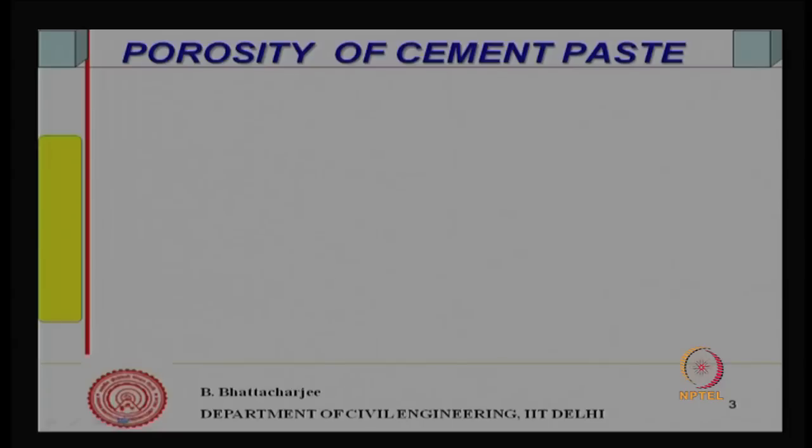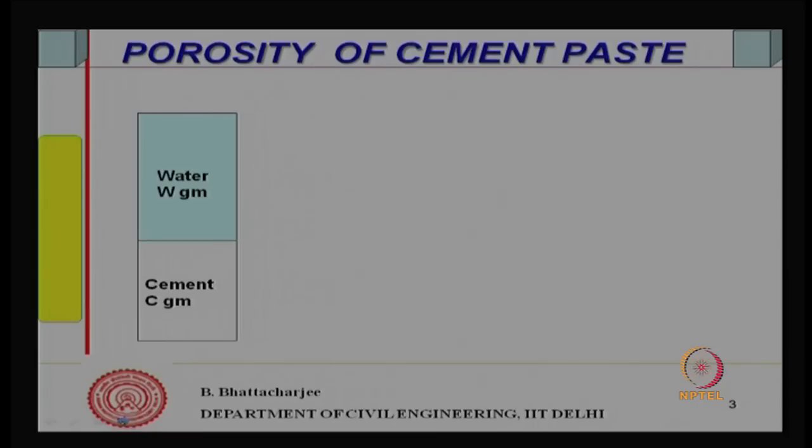So, let us start from this figure, porosity of cement. If you recall the last class, we said let us say C gram of cement, we add W gram of water to it, and with time hydration progresses.